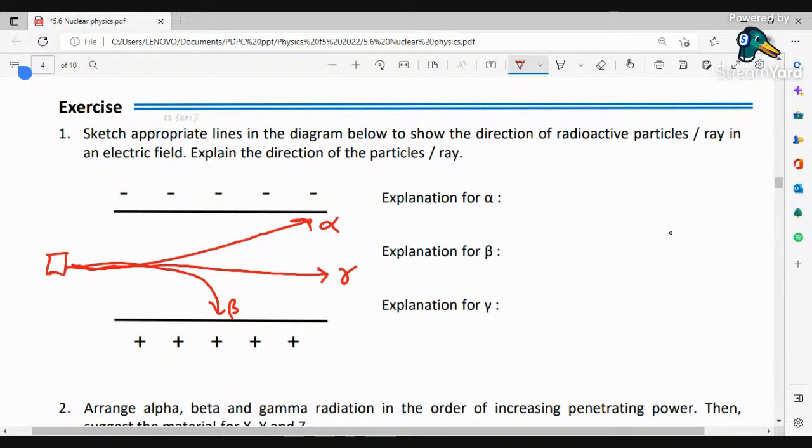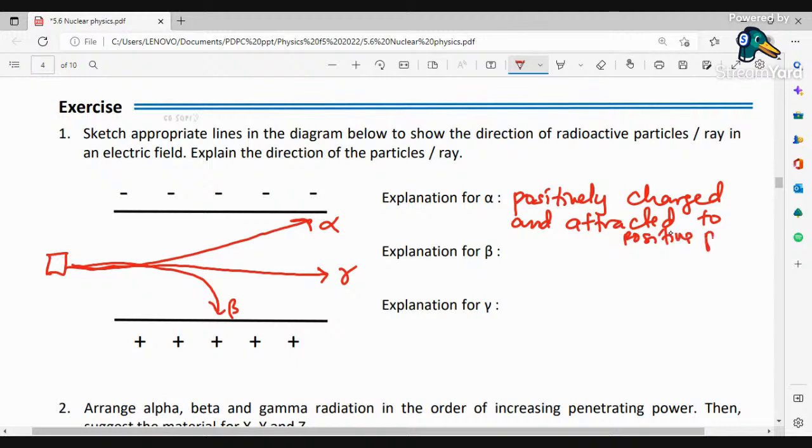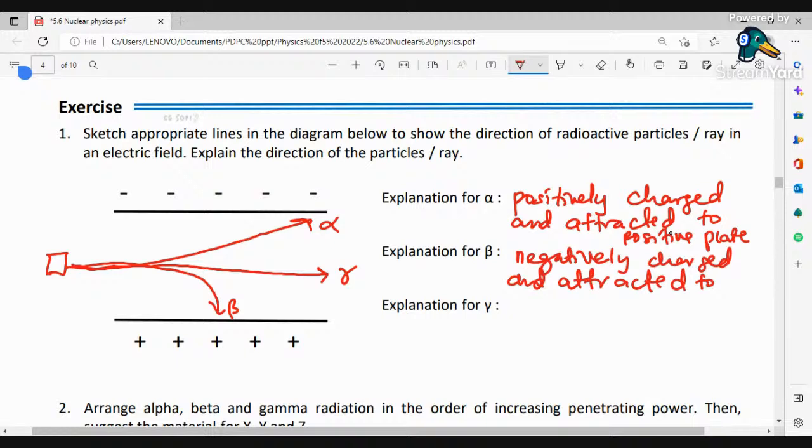Okay, alpha is positively charged and attracted to the negative plate. Okay, for beta, negatively charged and attracted to the positive plate.